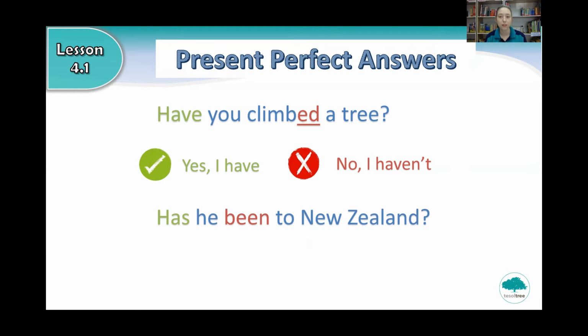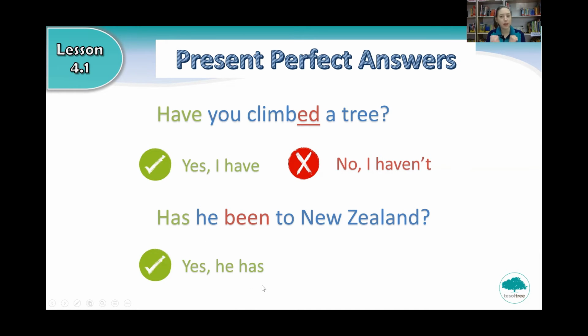Let's look at another question. Has he been to New Zealand? So if the answer is yes, what is the answer? Very good. Yes, he has. Can you say, yes, he has? Very good.